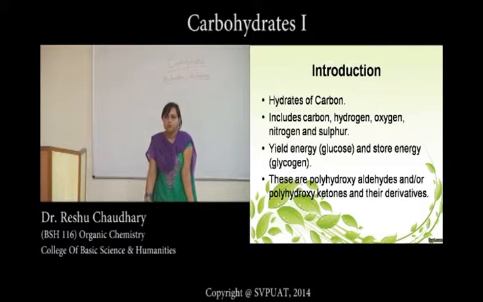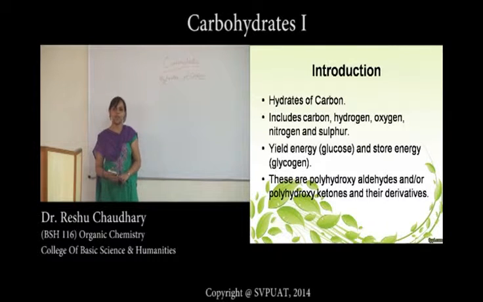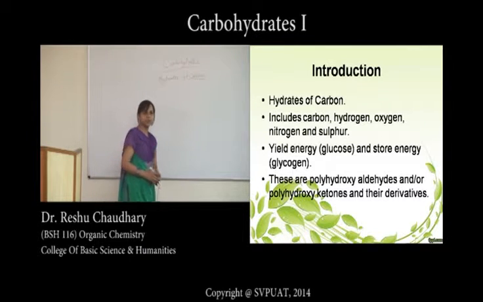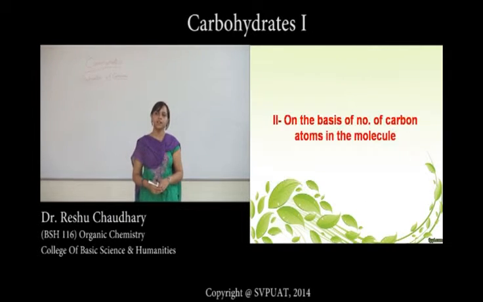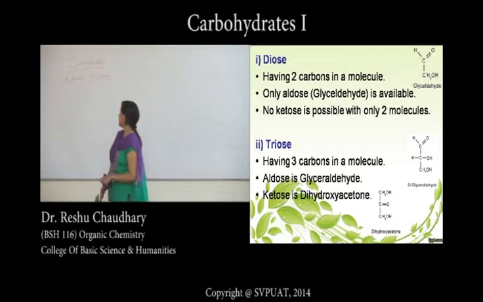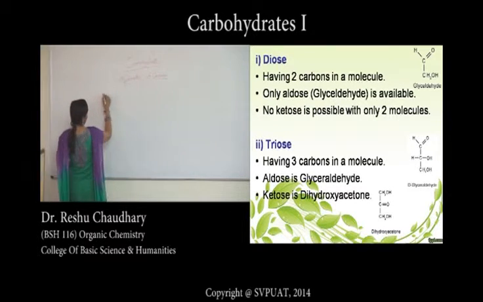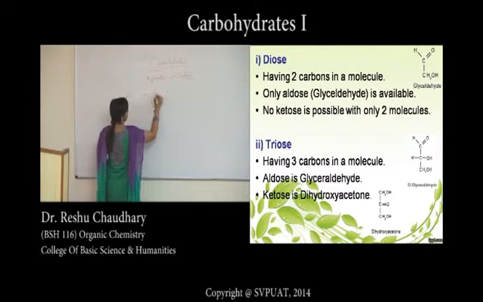On the basis of carbon numbers, if we discuss its classification, there are different types according to which we classify the carbohydrate. According to the number of carbon, if there are 2 carbons present in the base, then it will be called diols.